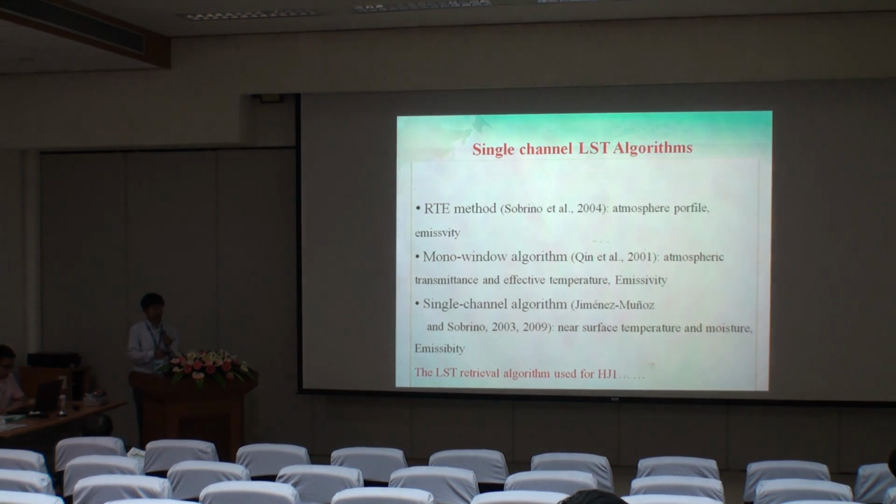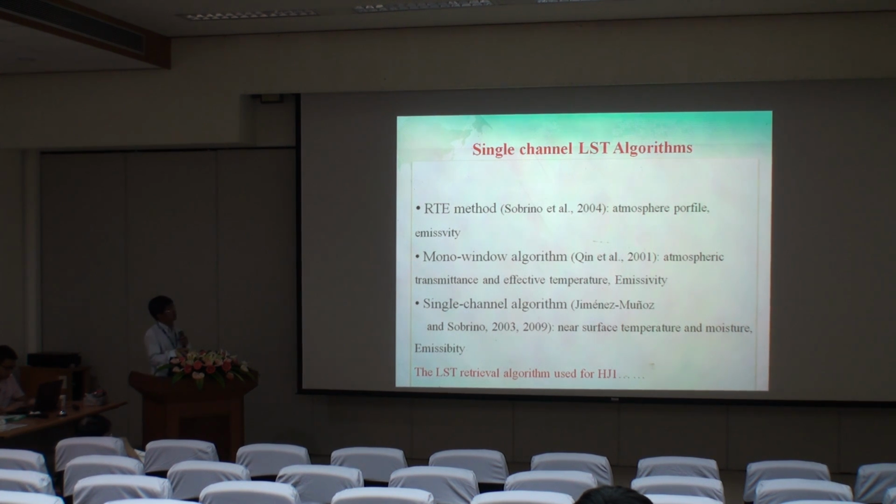So what is the single channel land temperature algorithm? Basically, we have different single channel algorithms. One is the radiative transfer equation method proposed by Soprano. These algorithms need the atmosphere profile and the land surface emissivity. And another one is from Qin Zhihao in 2001.